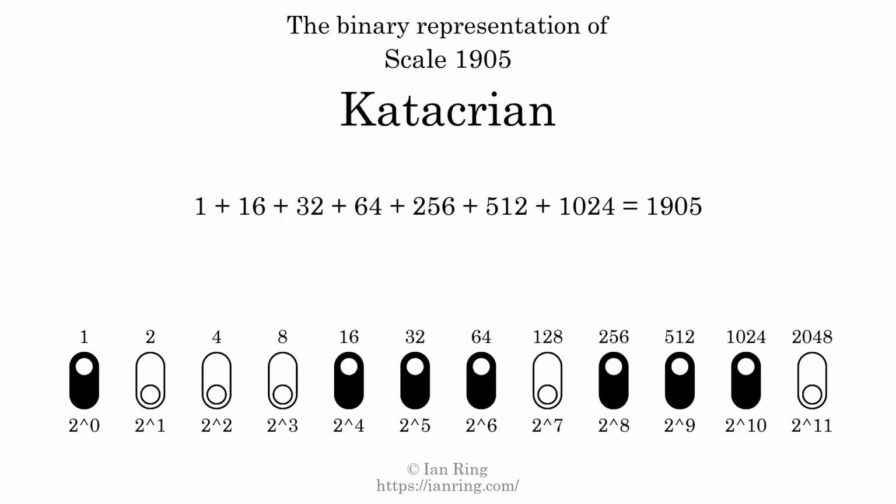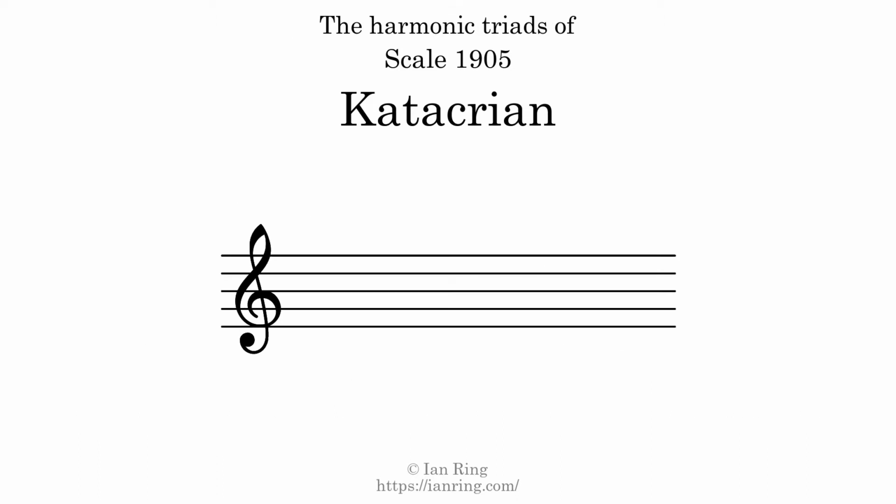That is why the scale number, in decimal, is 1905. The scale number not only enumerates the scale with a unique index, but it also literally describes the tonal content of the scale. Represented as a binary number in base 2, the scale number is 01110110001.